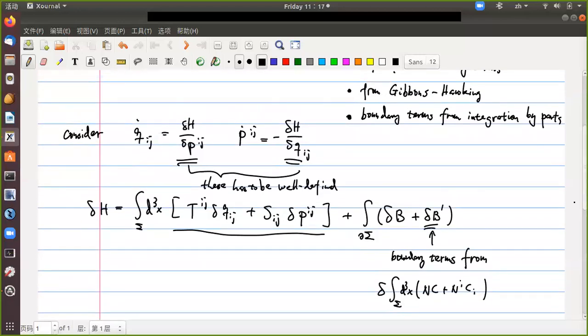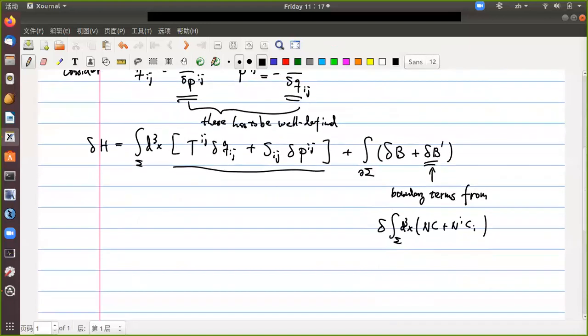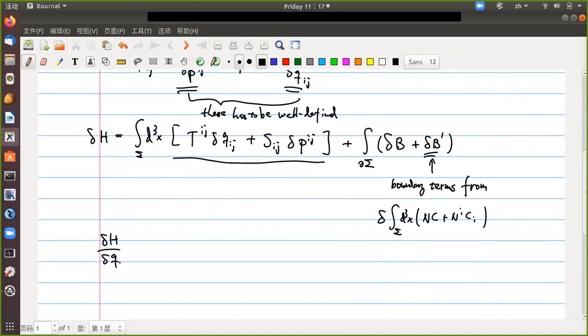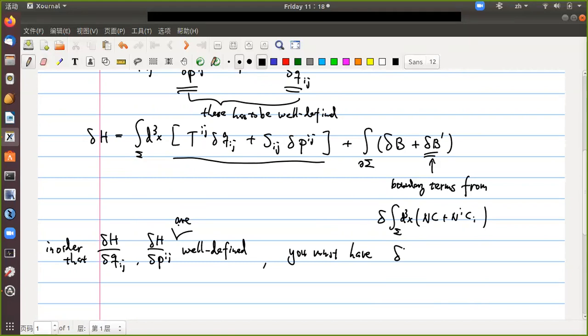Now, in order to make Hamilton's equations well defined, for example to make delta H over delta q_ij and delta H over delta p_ij well defined, you must have delta B plus delta B prime equal to 0.